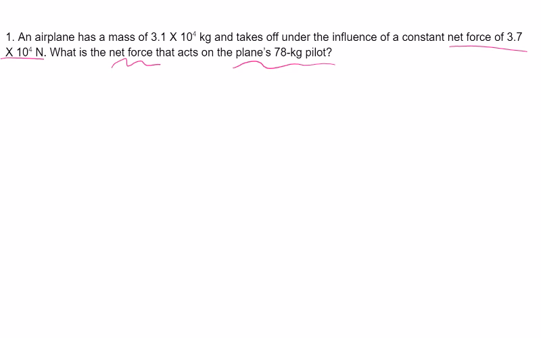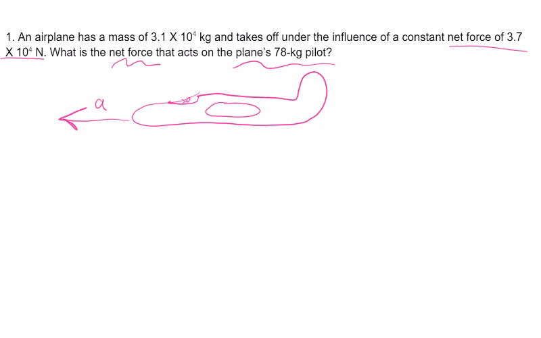What's happening is if the pilot is in the airplane, so here is our airplane, and our pilot is somewhere in here. There we go. If the airplane is accelerating forward, then the pilot is accelerating forward the same. So the acceleration is the same. So what we could do is we could say, I know acceleration is force divided by mass.